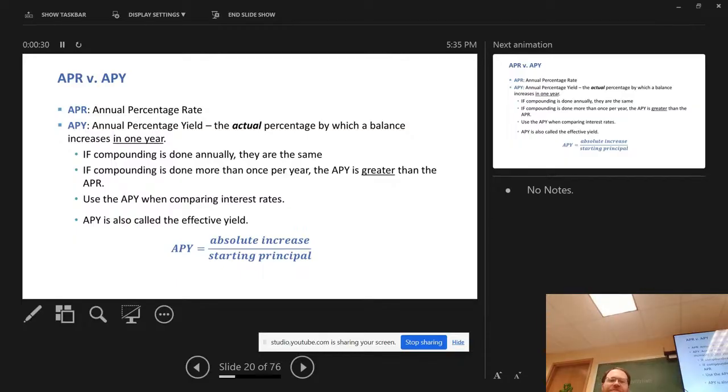So pretty much whatever the increase is in terms of dollars over what you started with is how you would figure out the yield. APY is typically higher than APR, and it's just because it's looking at a percent increase.